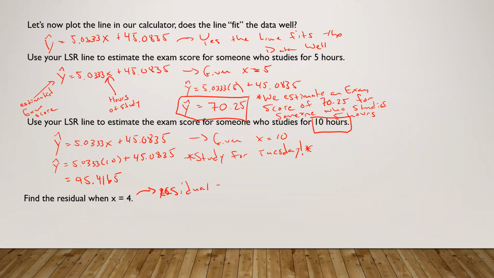The y observed is the actual y value, minus the y predicted, which is this y hat here.